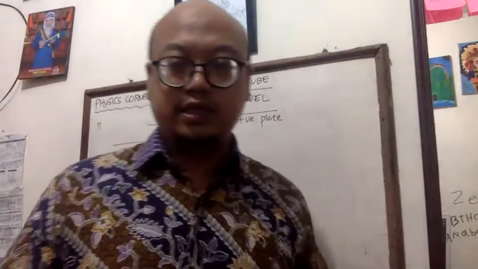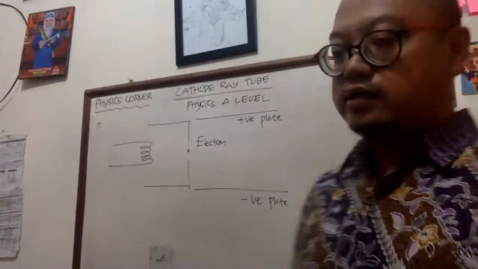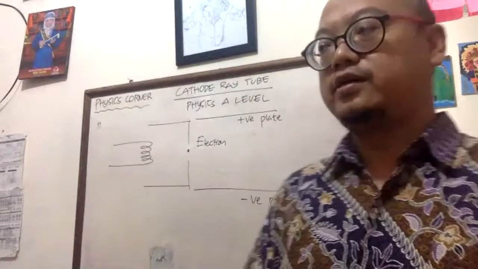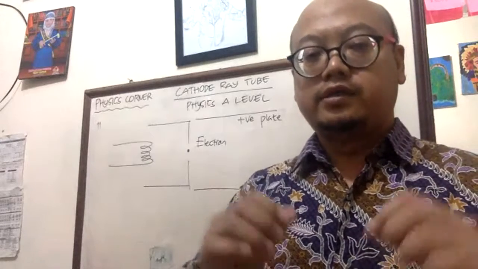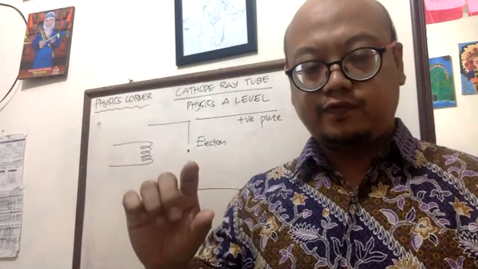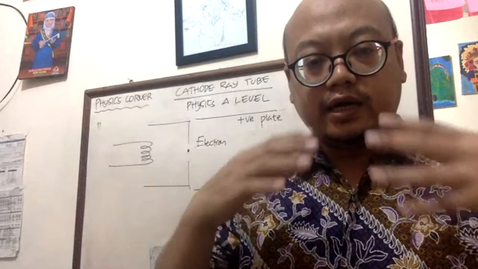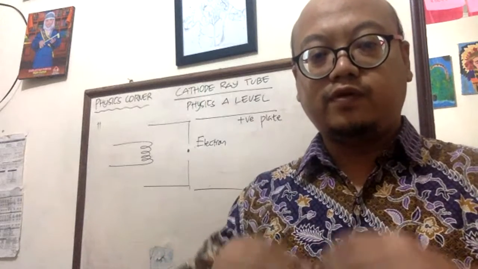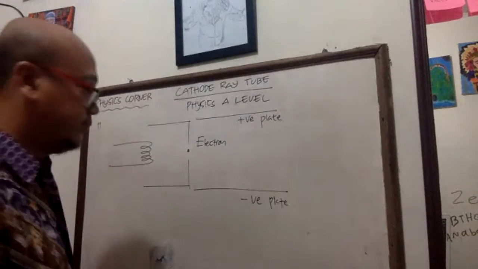How does it happen? As I mentioned before, if there is a high voltage, and this, for example a filament, for example iron or plate, cannot accommodate the electron flow, that electron flow will be emitted. I give the diagram.